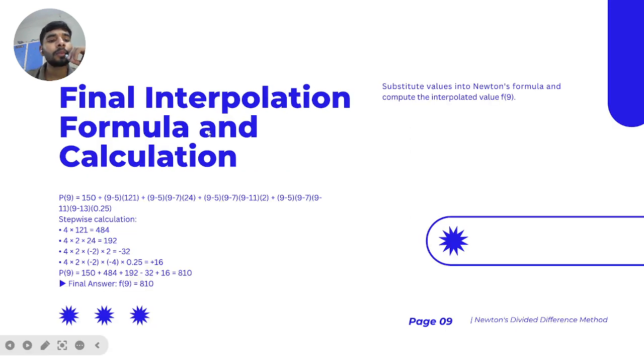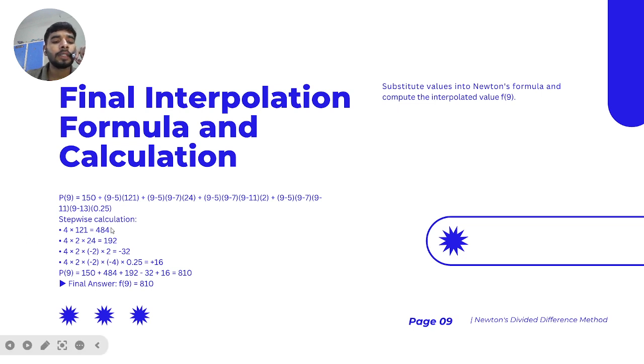Now, the final interpolation formula and calculation. Here to find P(9), we will put the values in the formula which is shown in the video: f(x0), plus (x minus x0) f[x0, x1], plus (x minus x0)(x minus x1) f[x0, x1, x2], plus (x minus x0)(x minus x1)(x minus x2) f[x0, x1, x2, x3], and so on.